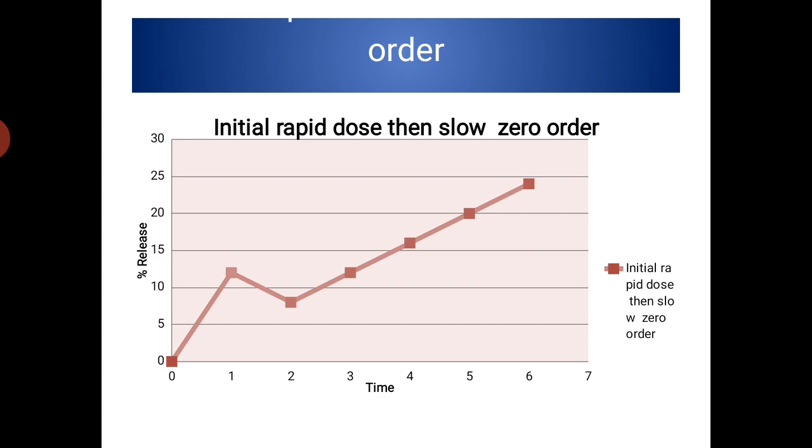we can develop the delivery system in such a way that the system gives an immediate burst release of the drug for the initial some time. For example, for the initial 1 hour, out of 100 mg drug in the delivery system, it releases 25 mg.